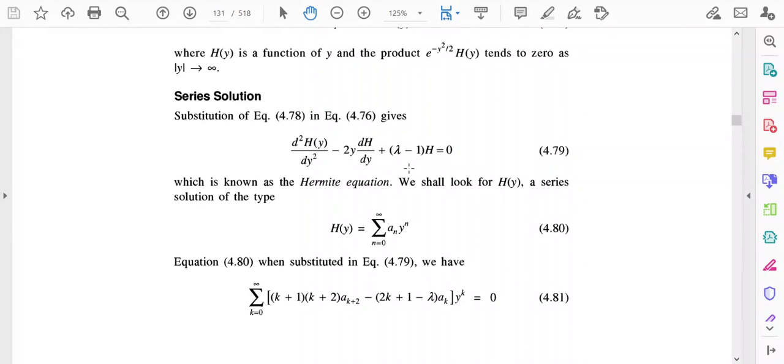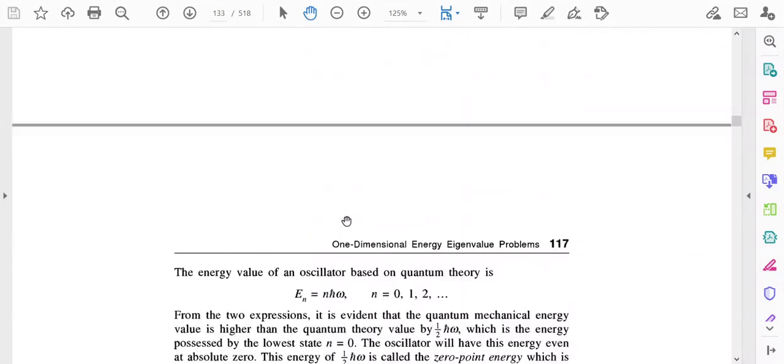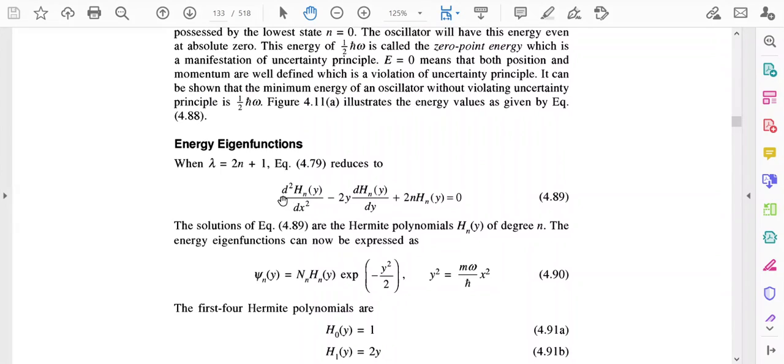Then we said that the value of lambda in this equation will be 2n plus 1 for an acceptable solution. So if we put lambda equal to 2n plus 1 in equation 4.79, then the equation becomes d2 psi by dy square minus 2y d psi by dy plus 2n psi is equal to 0.